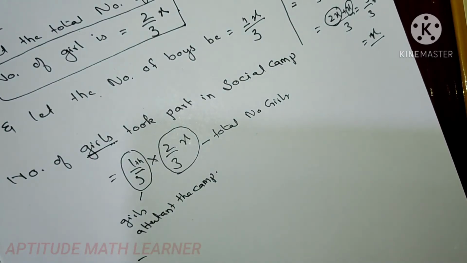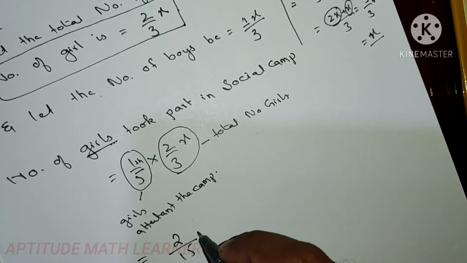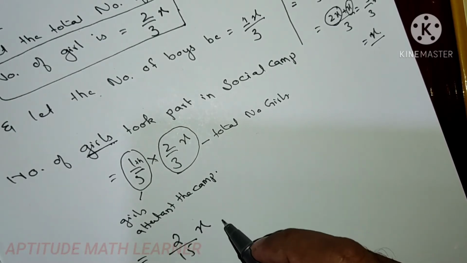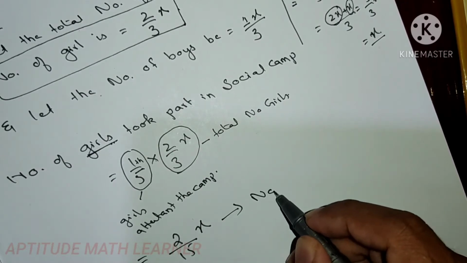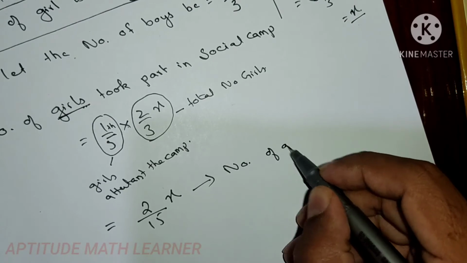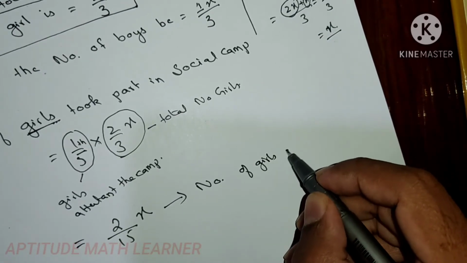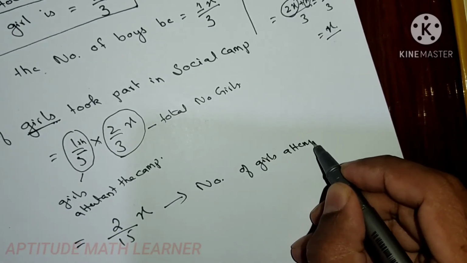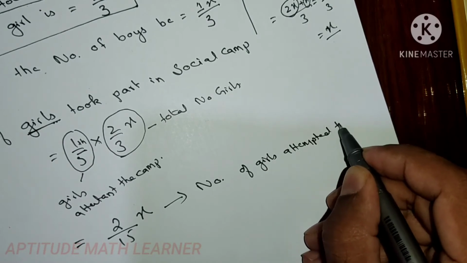So we get the answer 2/15 x. So what is this? The number of girls who attended the camp.